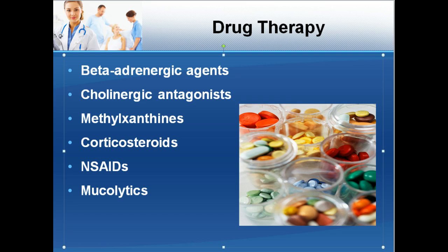As we talked before, the drug therapy would be our beta adrenergic agents, cholinergic antagonists, methylxanthines, corticosteroids, NSAIDs and mucolytics, and all of those are basically drugs that would decrease the inflammation and make them cough up whatever type of phlegm they may have.